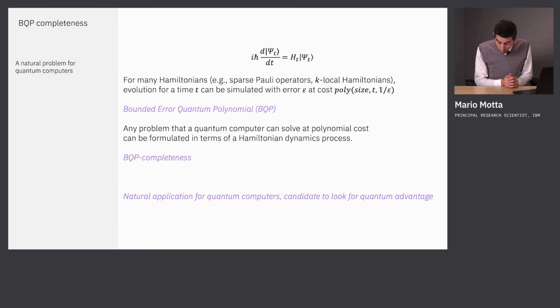This argument is known as BQP completeness of the Hamiltonian simulation problem. These theoretical properties make the simulation of time evolution a very natural application for quantum computers and a candidate in the search for quantum advantage.